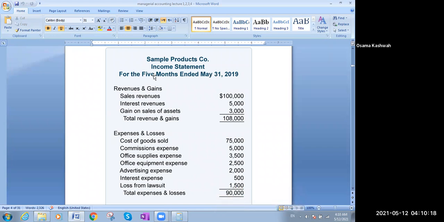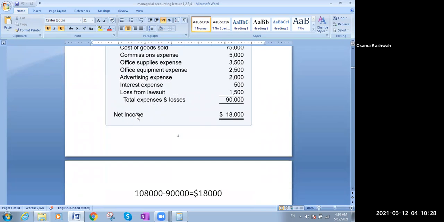So the income statement is a record of your revenues and your expenditures, and the difference between them will give me, at the end, the net income.